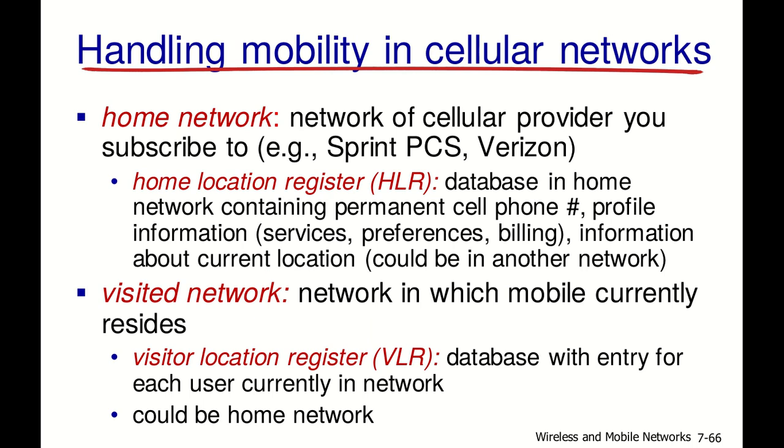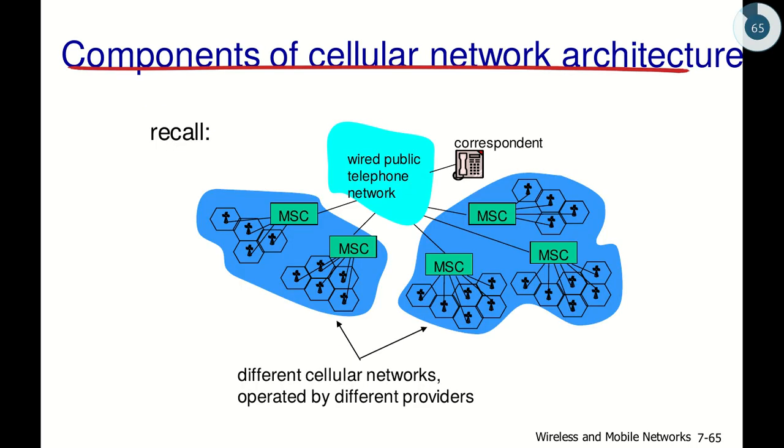The home network in cellular networks is basically the network of the cellular provider that we subscribe to. It depends on our telco provider, and it can also be related to the MSC where we first registered our SIM cards. Let's say now we're connected to this base station, and the base station is connected to this MSC, so this MSC becomes our home network.